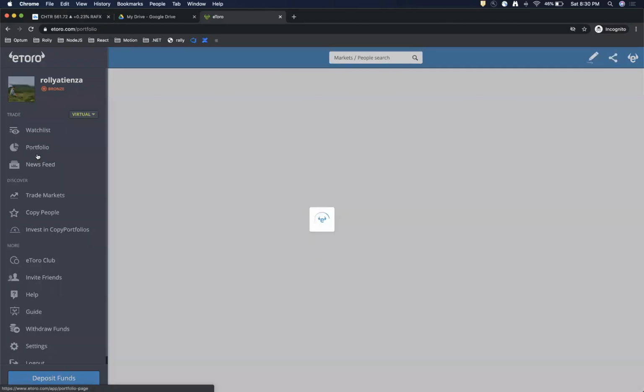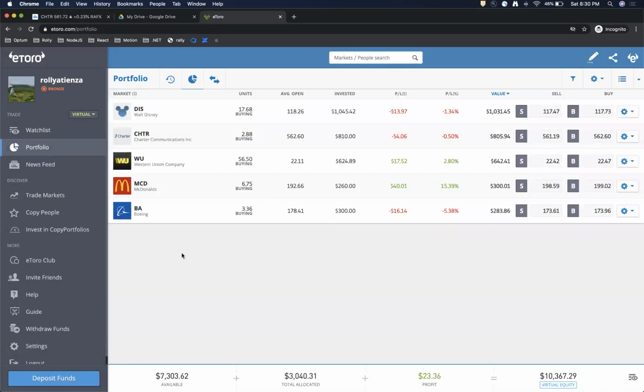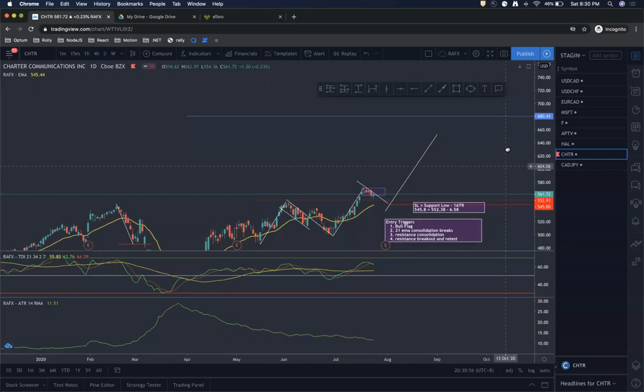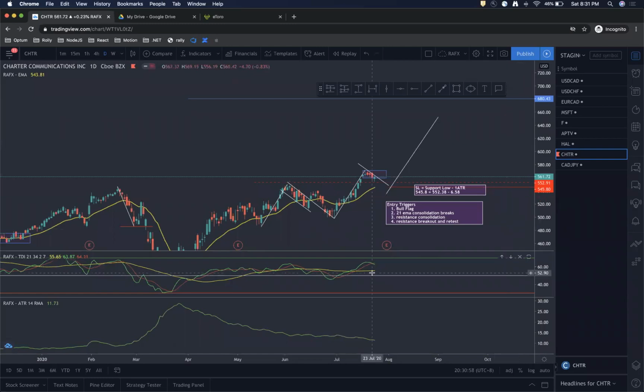So let me see. I hope all are familiar with eToro because this is the official broker that we are going to use in this scenario. Okay, so that is CHTR, right? So this one. So what I did is I checked, I found the swing there, and then nakita ko yung consolidation doon na part.